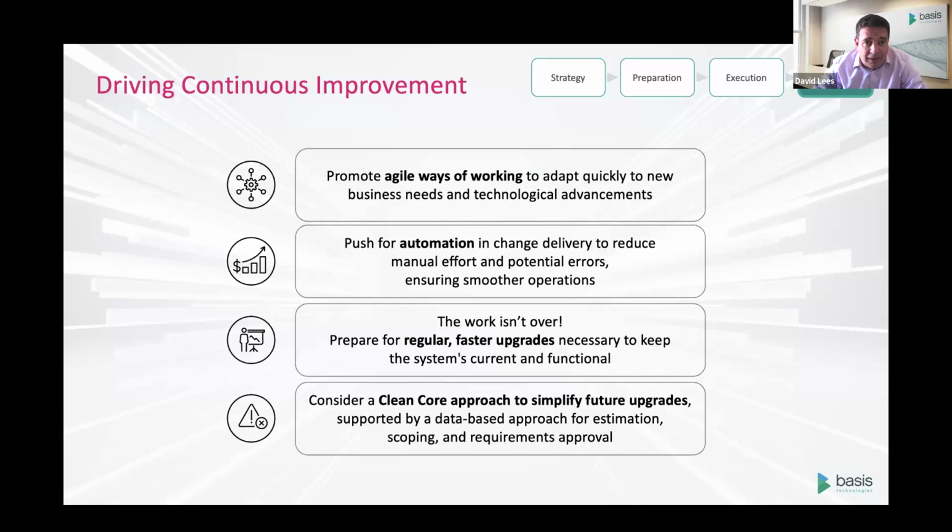Third one here, like I just referred to, the work isn't over. So moving to S4, I think the upgrade cycle is likely to be more frequent. SAP, as of this year, with the 2023 release, has moved to a 7-year release cycle with 2 years of feature pack stacks, followed by 5 years of support packs for each of their releases.